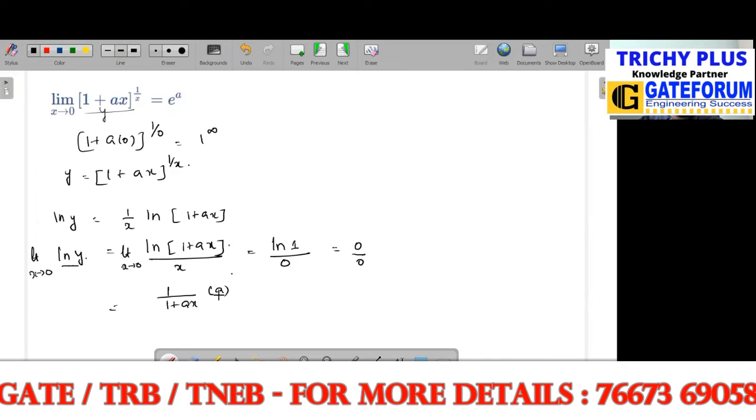Differentiating the denominator x gives 1, so the limit x tends to 0 still holds. Now if you apply 0, you will get a by 1 plus a0, which is nothing but a. So the limit x tends to 0 of ln y is a.